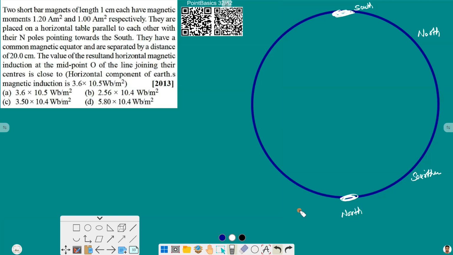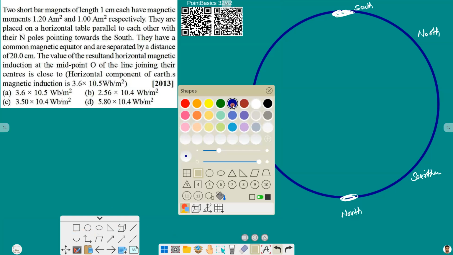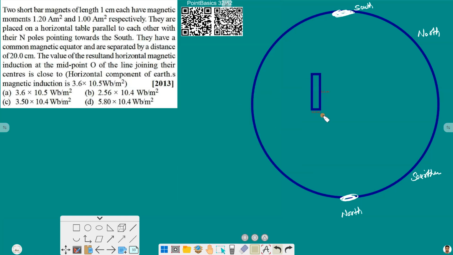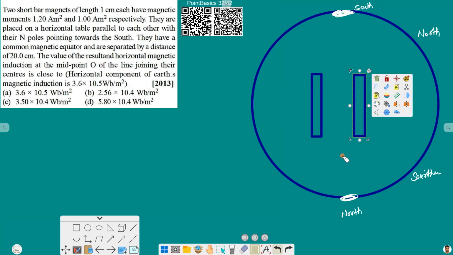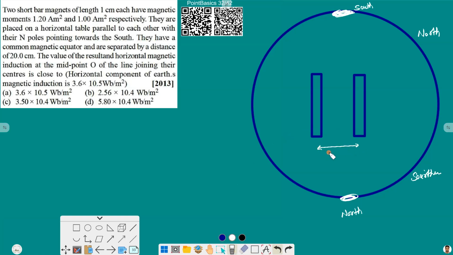Now we have two magnets. Suppose this is the first magnet and this is the second magnet. Let's draw the distances. They are separated by a distance of 20 centimeter. And they have a north pole here, south pole here, north pole here, south pole here.